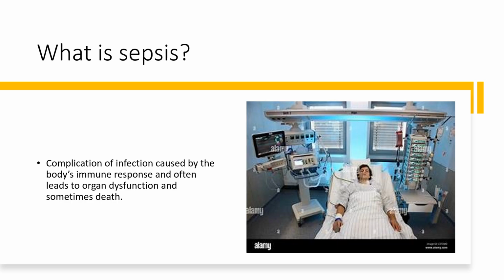So as we discussed earlier, sepsis is a complication of infection caused by the body's immune response and often leads to organ dysfunction and sometimes even death. So it's a very bad manifestation of infection.